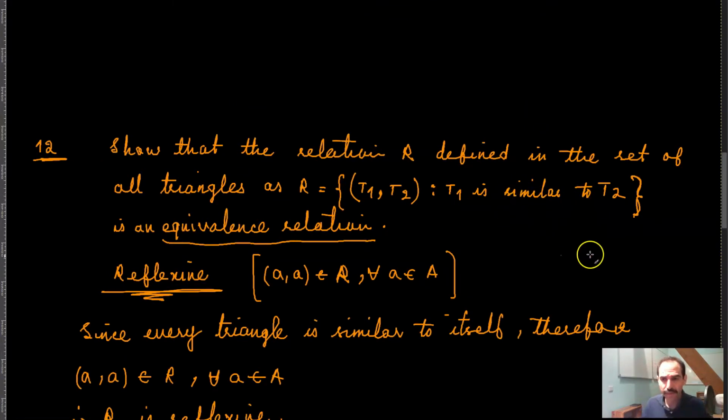So that was the first part of this question, which was to show that R is an equivalence relation. The second part of this question is this: consider three right triangles.